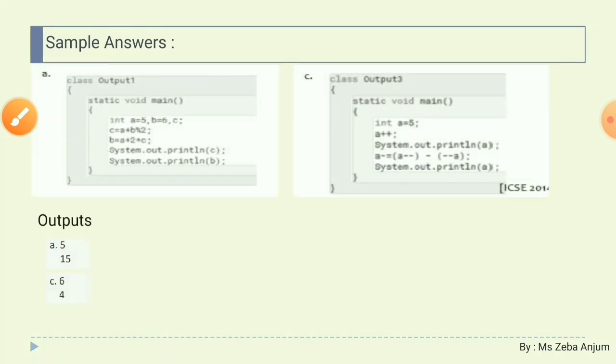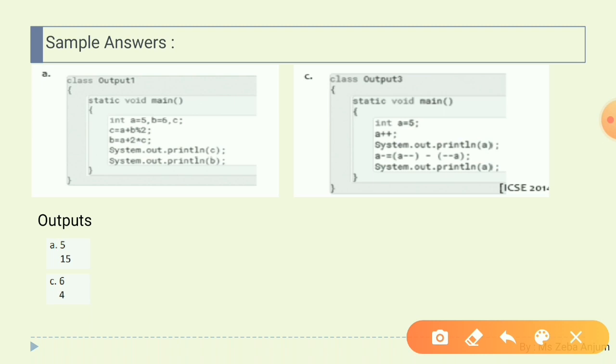Now see again, this question also we were having, you have to find out the output for these two sample questions. Yes, now see the first one. We are having C equals to A plus B mod 2. Now substitute the values.